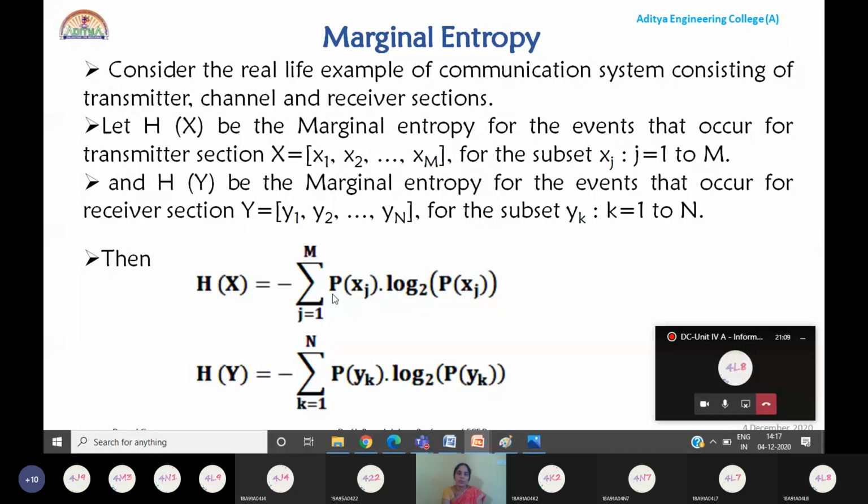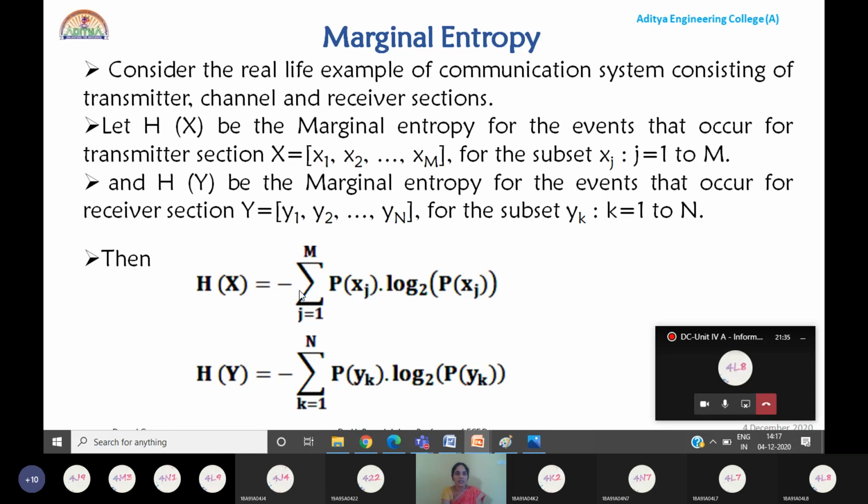For example, take M as 3, with p of xj as 0.4, 0.4, 0.2. The sum of all the probability values is equal to 1. So these are p of x1, p of x2, p of x3.